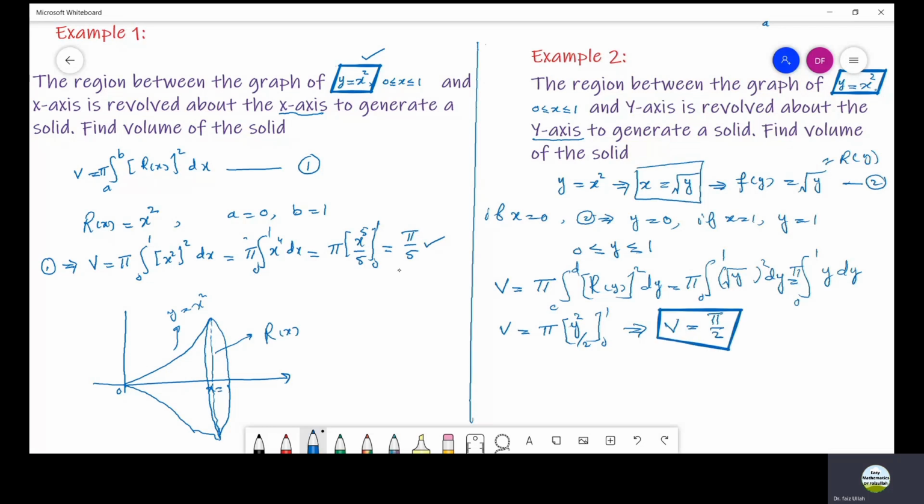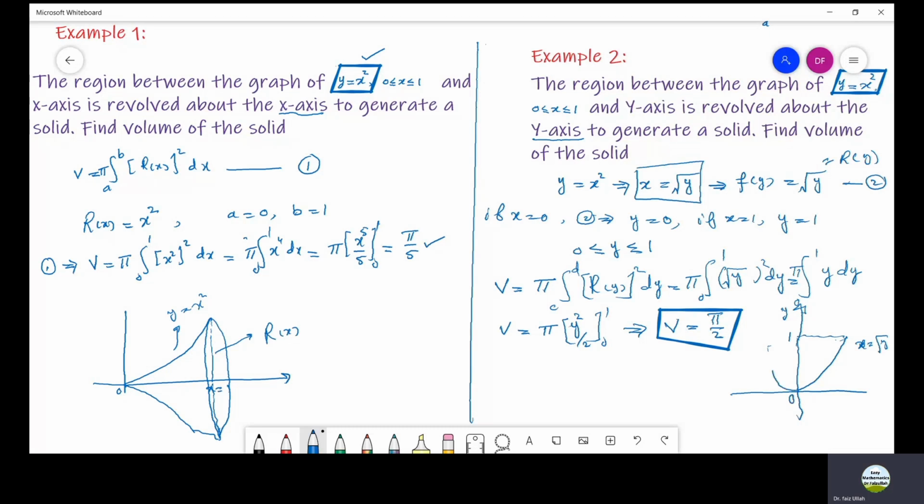Now, look at the graph once again. Here we have the same function. Look at here, this is the function, which is x is equal to under root y. And now we are rotating it about the y-axis. This is the y-axis. So let us say this is 0, 1.